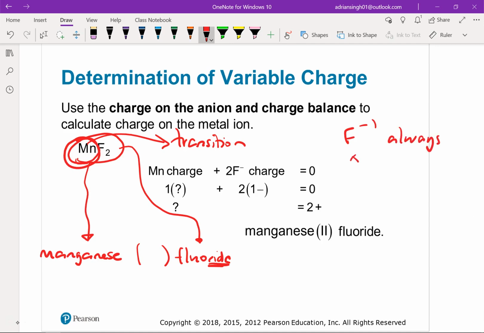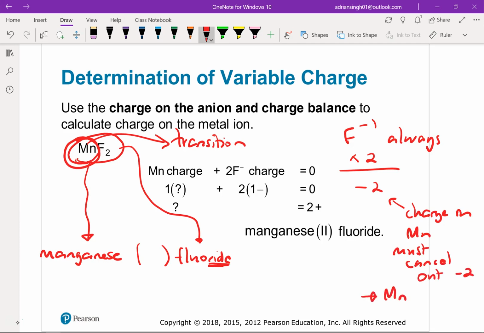From the formula, we have 2 of these, right? So that gives a total negative charge in this compound of -2. And remember, your ionic compounds have to be neutral, always. So something then has to cancel this out. So the charge on Mn must cancel out -2.